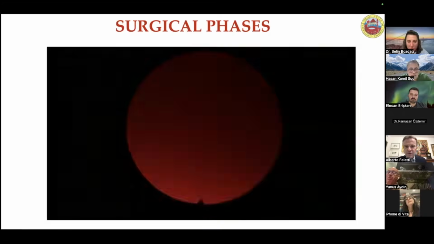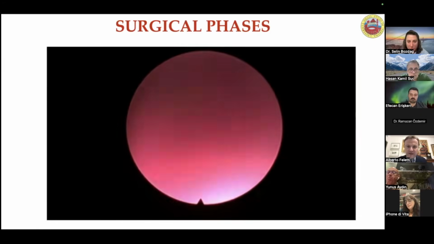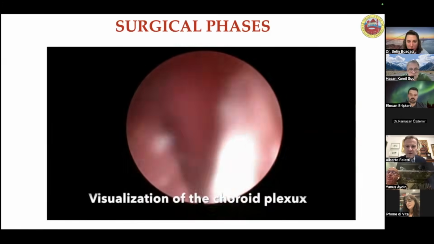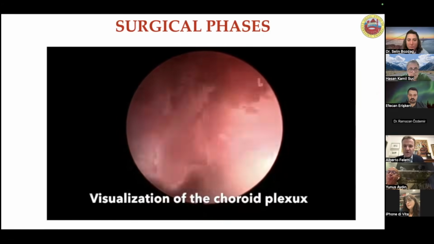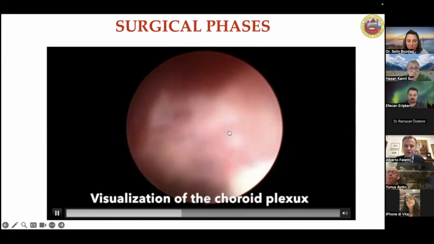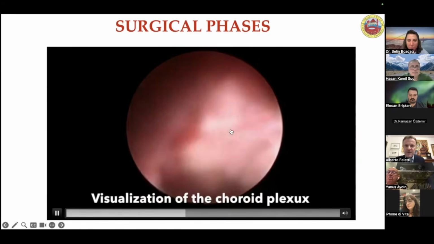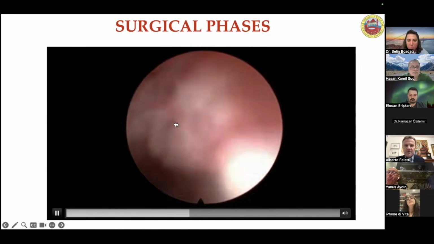Quite soon, you will be able to detect the first important landmark, which is the choroid plexus at the floor of the lateral ventricle. As you can see here, there is the choroid plexus.